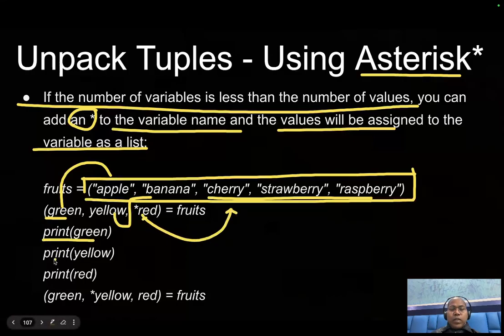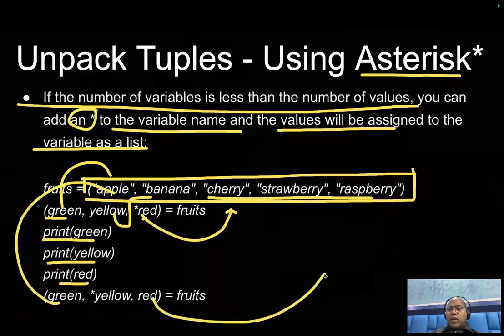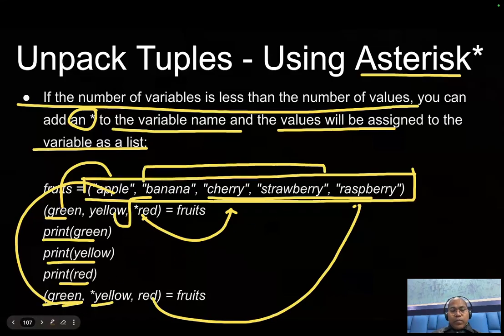If you print green, yellow, red, everything. Or you can say I want green assigned to apple, red assigned to raspberry, and yellow means everything else. So be careful. Individual variables map to their position. This goes to the last match, this goes to the first match, and the remaining go to the star.